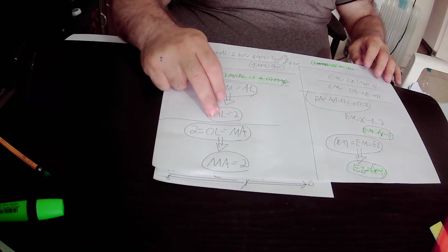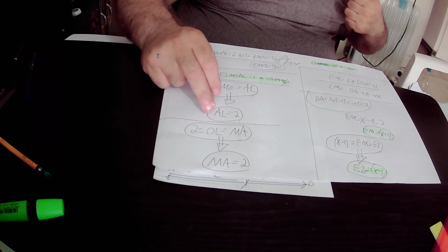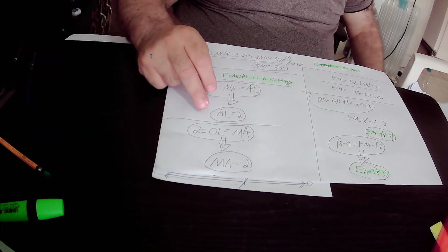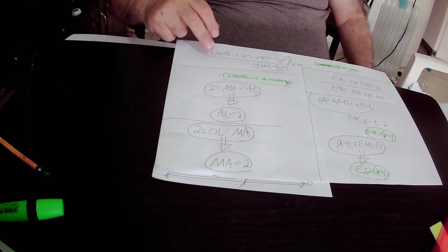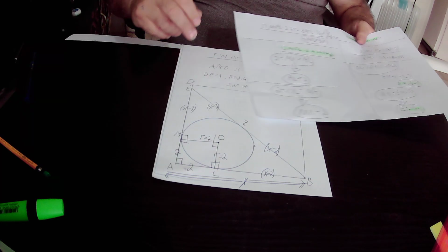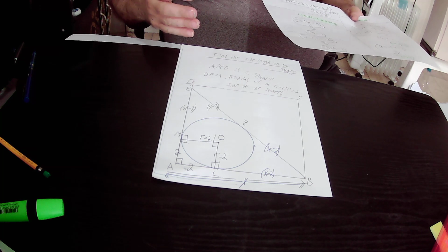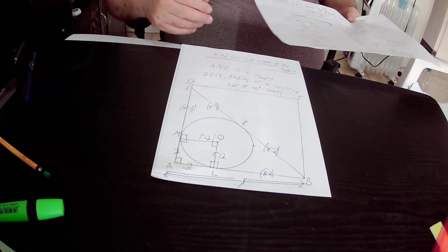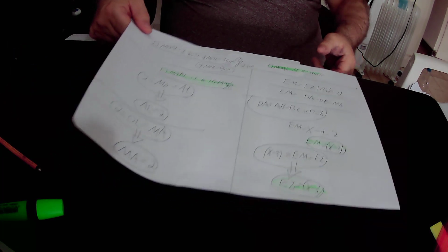So we can write here that OL equals 2 units, and from this equation 2 equals OL equals MA, we derive that MA is also equal to 2 units. So here we can write that MA equals 2 units. So actually we found out that the quadrilateral MOAL is not just a rectangle but a square. Quadrilateral MOAL is a square.